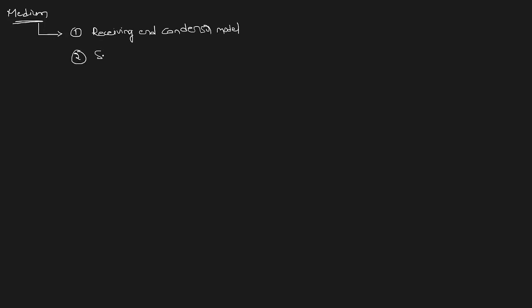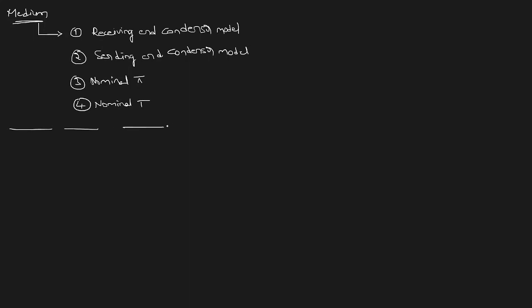The second is the sending end condenser model. Third is the nominal pi method. And fourth is the nominal T method. In this lecture, we will be seeing receiving end and sending end. In the next lecture, we will see nominal pi and nominal T.